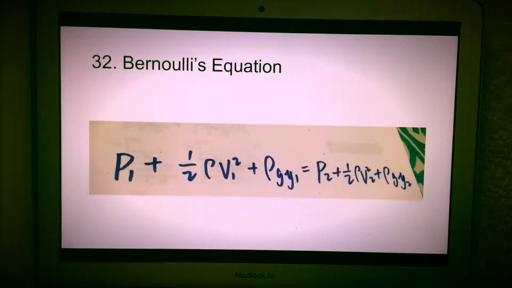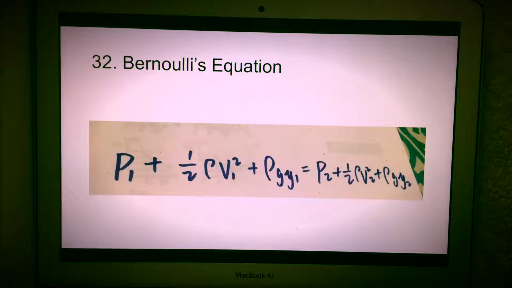32. Bernoulli's equation. This is so long. Last year on the AP test, in the real free response question, we used this to determine how high the hole in the tube was, but we don't think this is really popular.